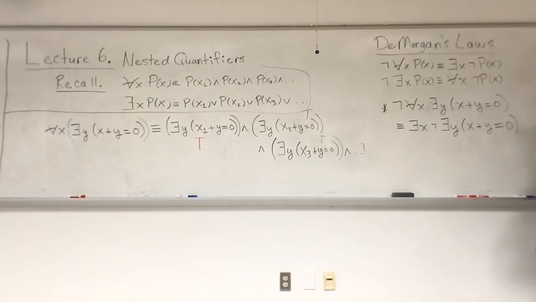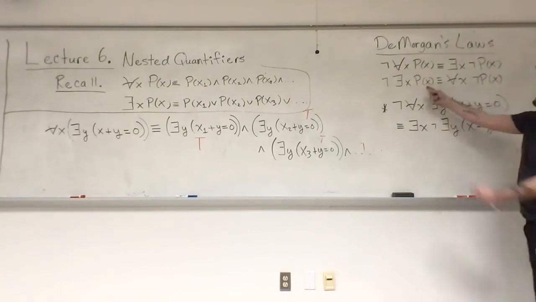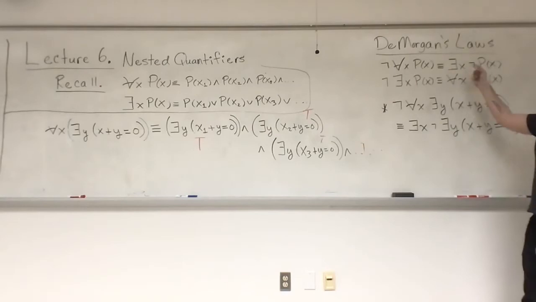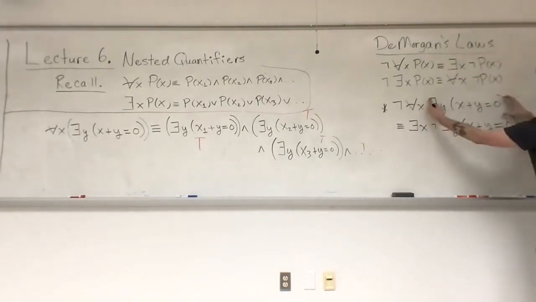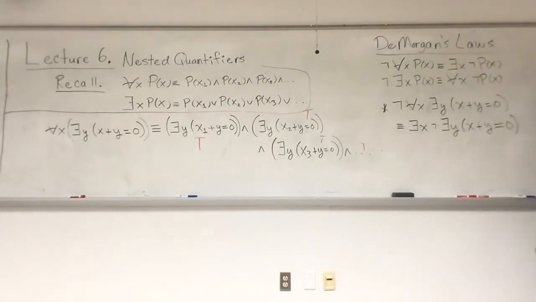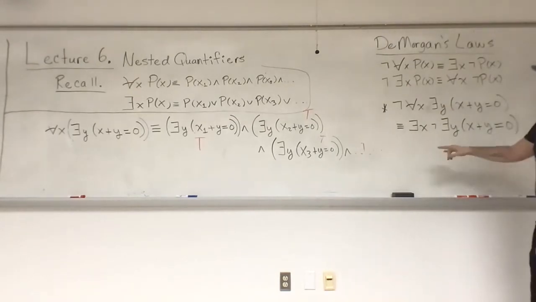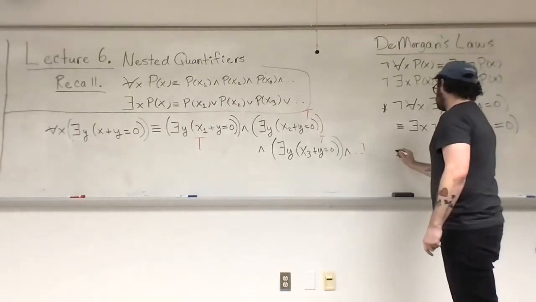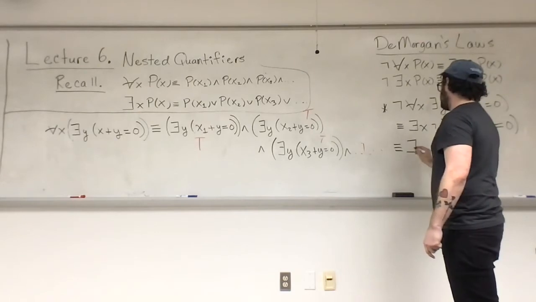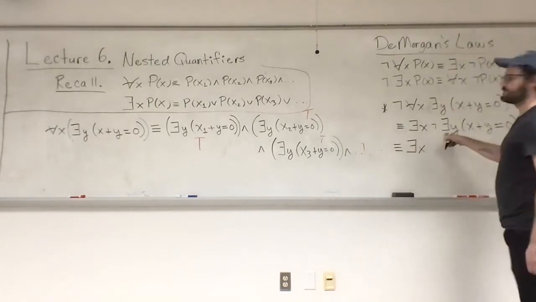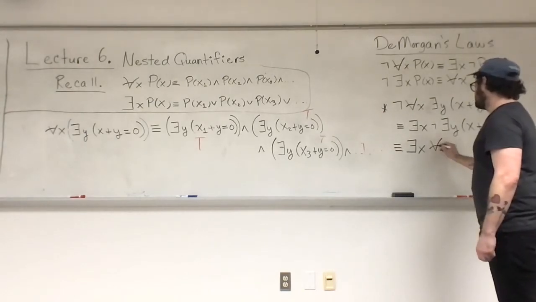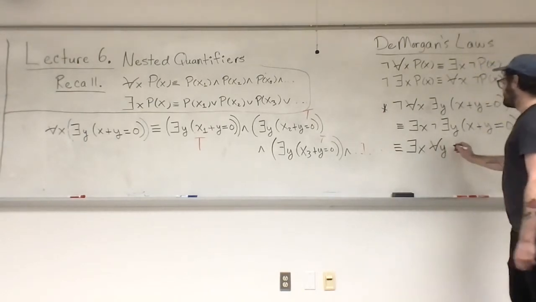Again, treat it like the P: not universal becomes existential of not whatever that is. But then we apply it again. We have not existential and then a propositional function. So that stays the same, and now the existential becomes the universal, and then we pass the negation in.